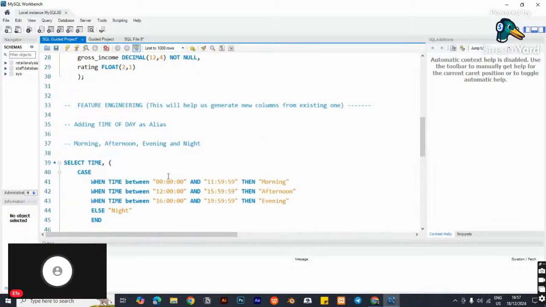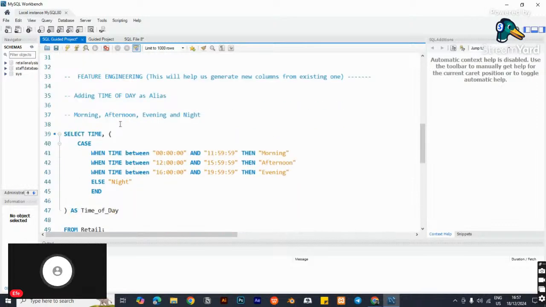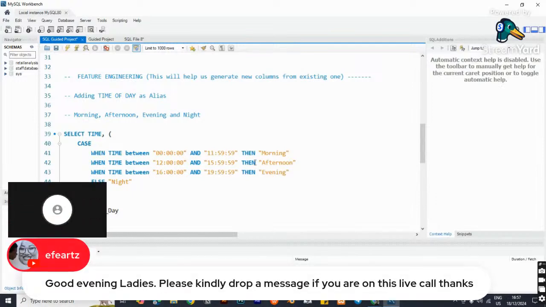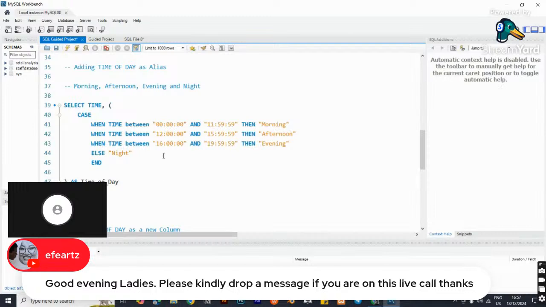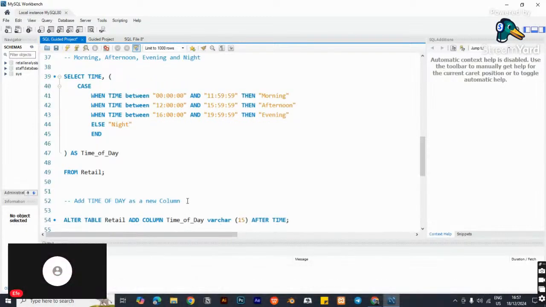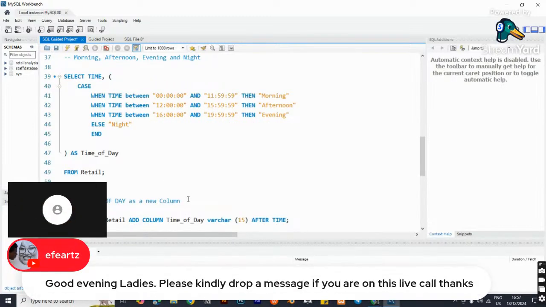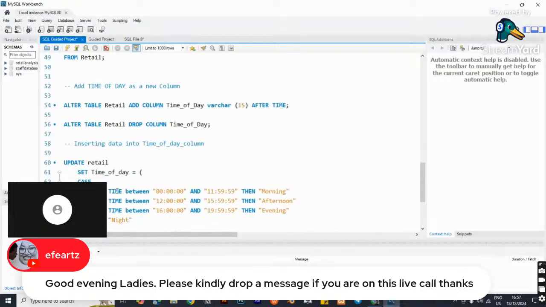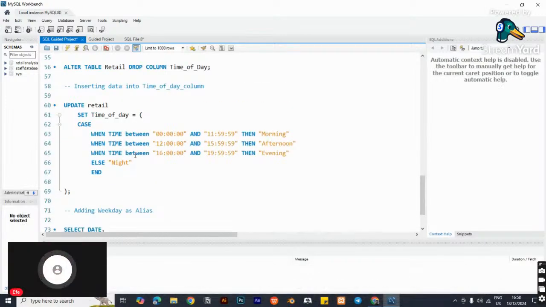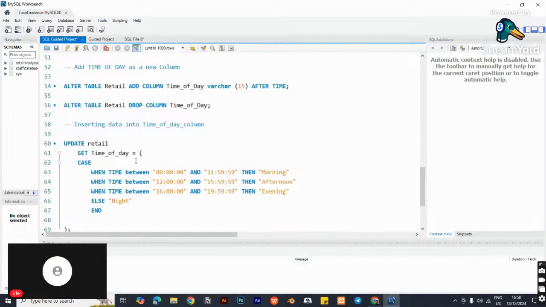Then we categorized the time of the day into categories such as morning, afternoon, evening, and we made use of aliases, creating temporary tables where we could just view it on our result output. And we auto-populated some of the columns that we created.